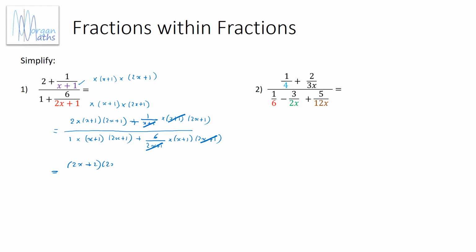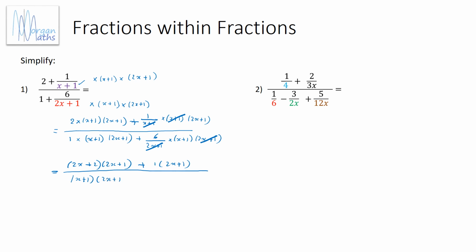I don't have to write the 1, but I want to show all the steps for you here. And at the denominator we're going to have this x plus 1 times 2x plus 1, and we're going to be left with 6 times x plus 1.